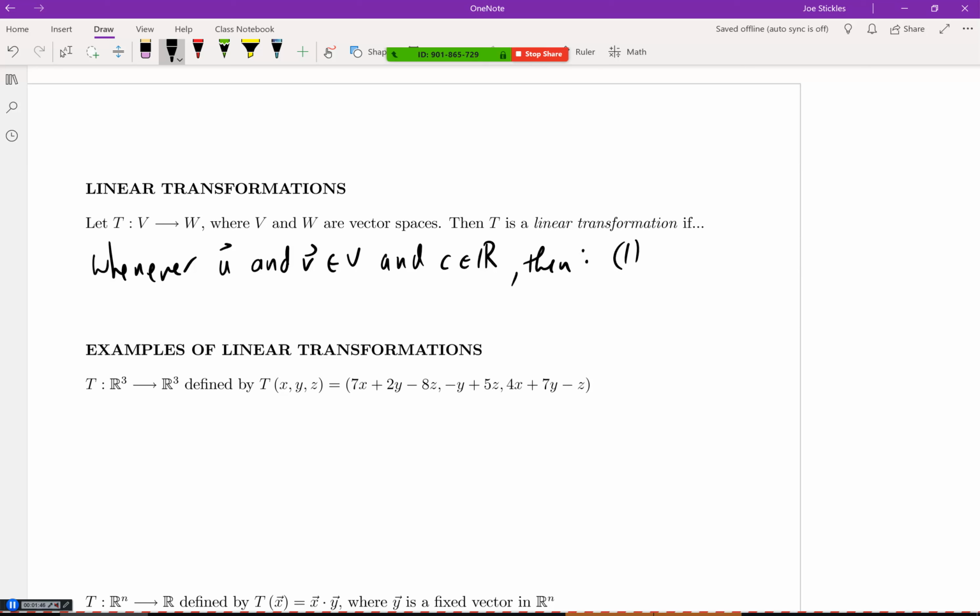The first one is that if I apply the transformation to the sum of the two vectors, the transformation breaks up over the sum. And then the second one is that if I take the transformation of a scalar times the vector, I can move the scalar out in front.